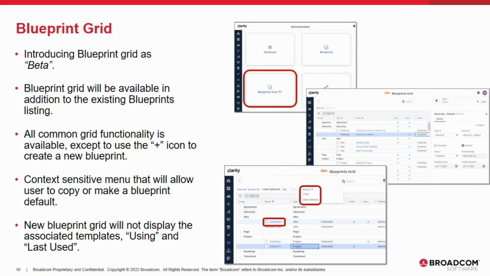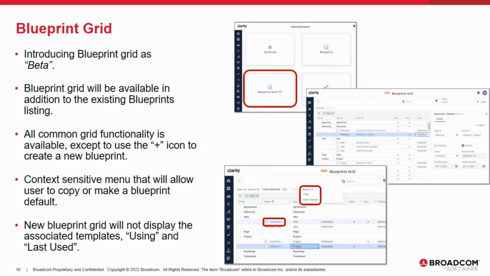When you go inside the blueprint grid, you will see all the existing blueprints that have been defined, whether it's the standard one or a copy of the standard and customized. So all the blueprints will continue to be displayed there. From there, the user does have access to open and edit them.